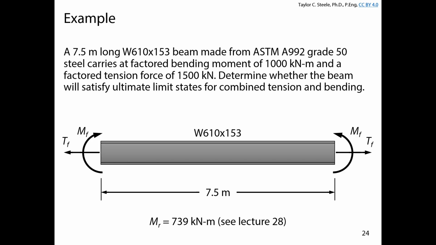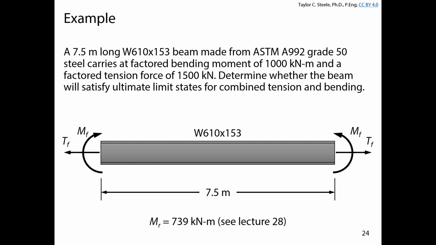Okay, so this is a fun one because if you look back to your lecture 28 notes, we already calculated the moment resistance of this beam. The moment resistance of the beam was based on elastic lateral torsional buckling strength because the full section is laterally embraced. Mu is 821 kilonewton meters. We took Mr as phi Mu, and we end up with a moment resistance of 739 kilonewton meters.